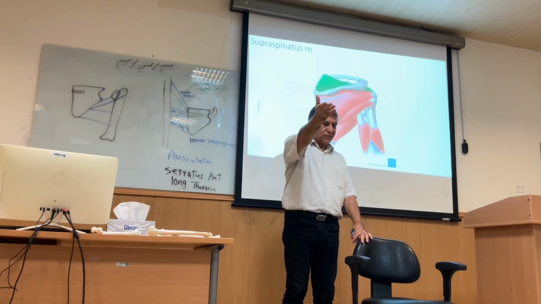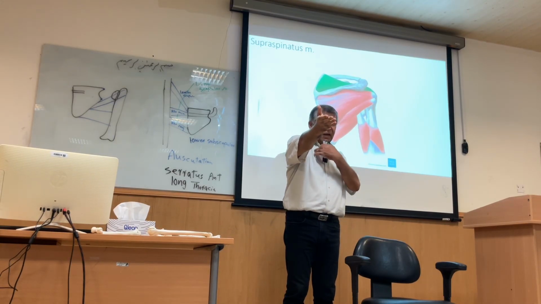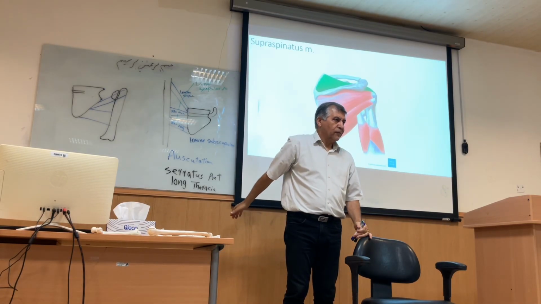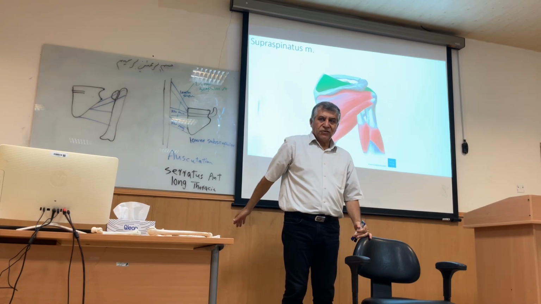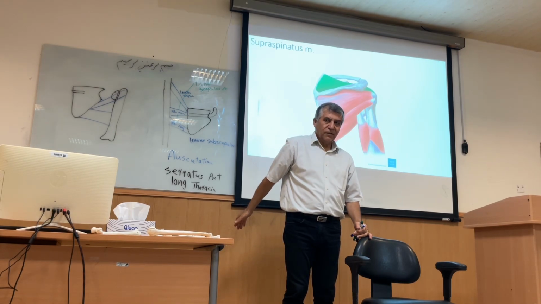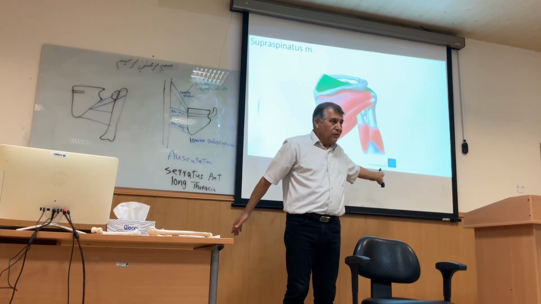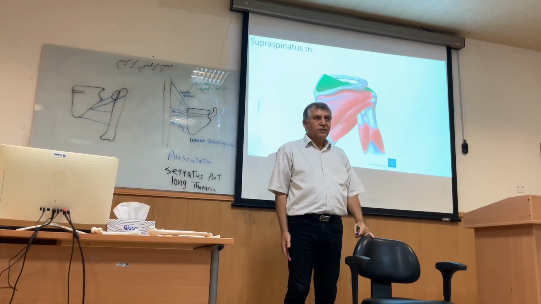Shoulder flexion. Which muscles? Pectoralis major, deltoid. Okay. Shoulder extension. Which muscles? Posterior fibers of deltoid, latissimus dorsi, teres major.